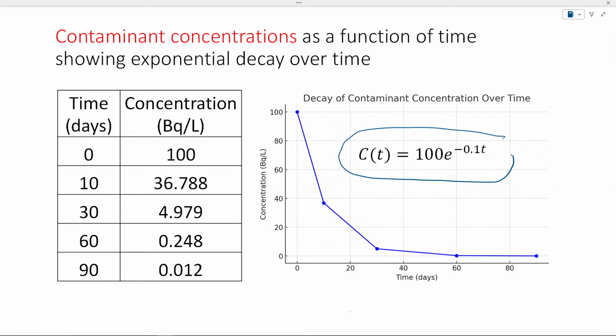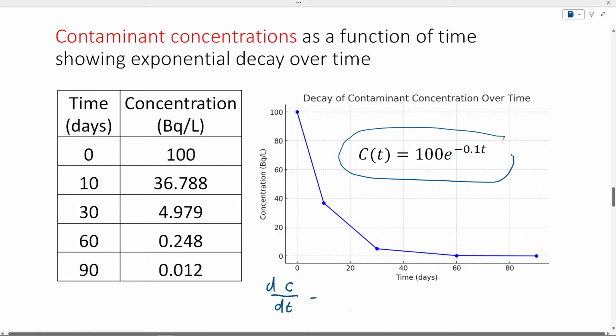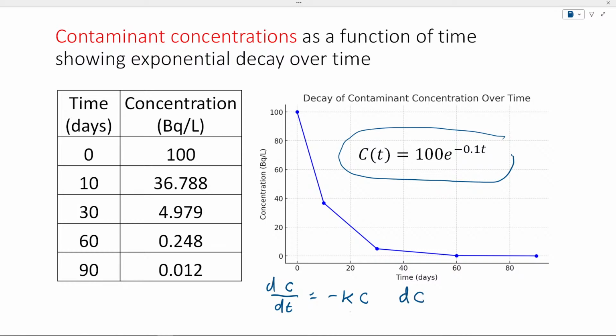Let me see how we are doing in time here, because I have one more problem. Okay, actually we are doing good in time. So by integrating dC over dt equal to negative kC, I was able to do the integration using separation of variables, the integral of 1 over C dC is equal to negative k dt.